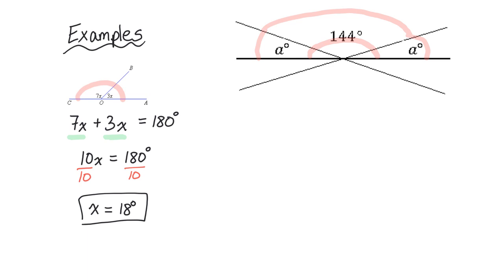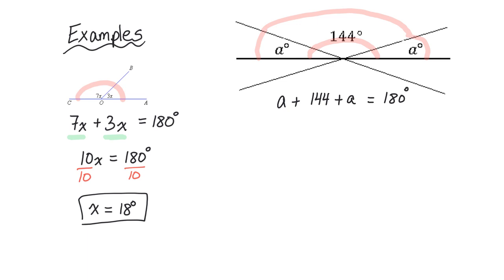I'm just going to focus on the top. So the top, I have supplementary angles, but I have three of them. So that means when I write my equation, I'll say A plus 144 plus A equals 180 degrees, right? They're making a straight line.